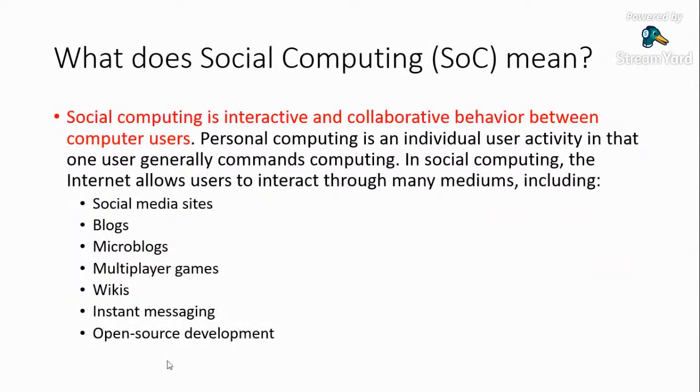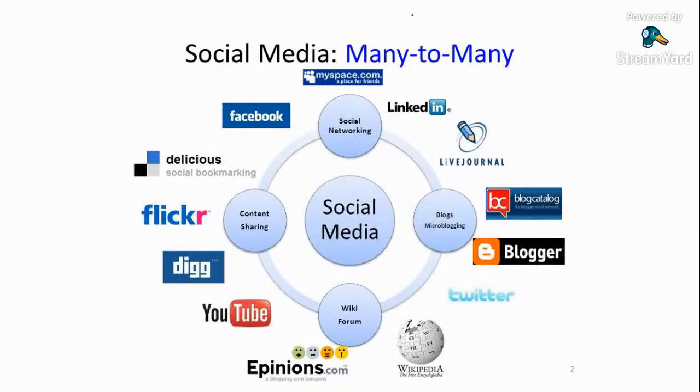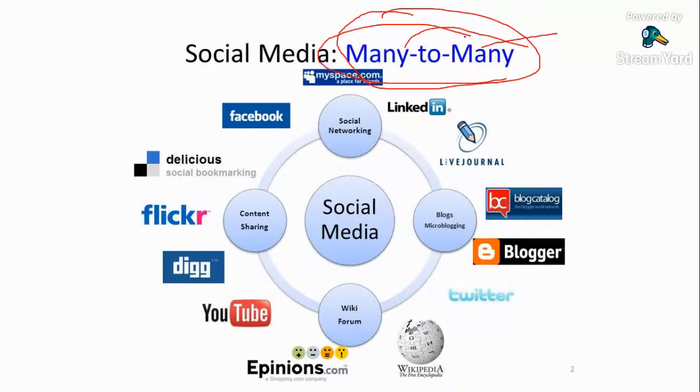We have just seen this definition: interactive and collaborative behavior between computer users, through various social modes or media. Here you can see the many-to-many part. Many to one doesn't directly become social, and one to many is a kind of broadcast, but in many to many, you are mixing with many people, and many people are allowed to mix with many people.